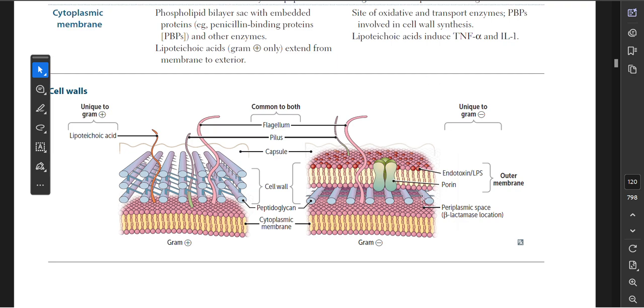There are some structural differences in gram positive and gram negative bacteria, and they're differentiated on the basis of stains. For example, we can see that this lipoteichoic acid is unique to gram positive bacteria. Similarly, the outer membrane is present only in gram negative bacteria while it's absent in gram positive. So these are some of the structural differences.